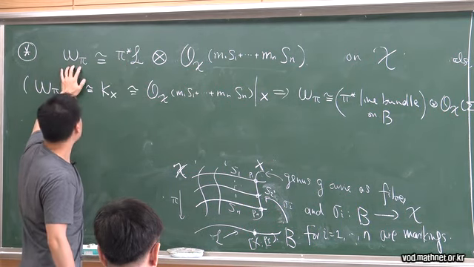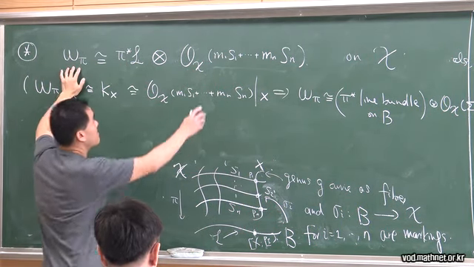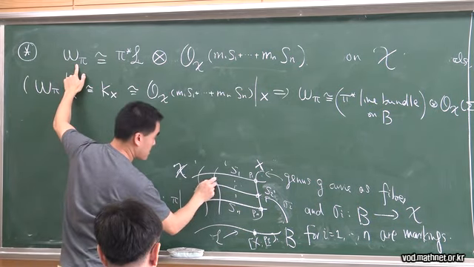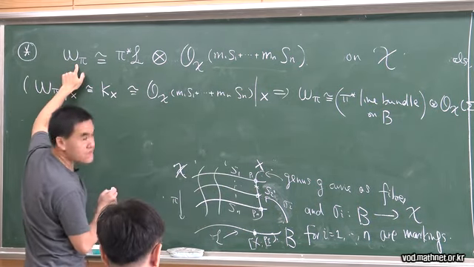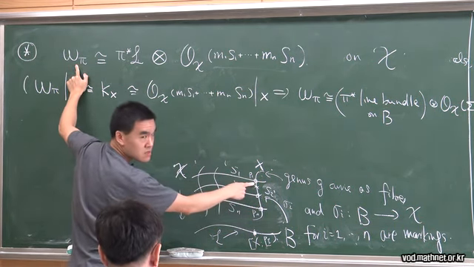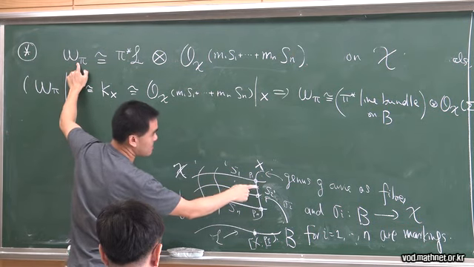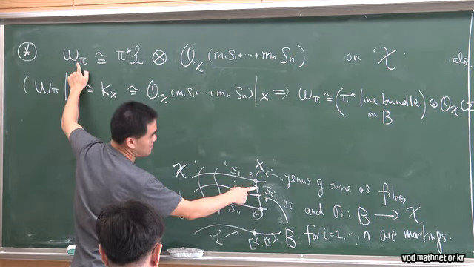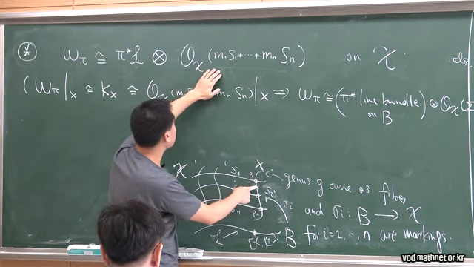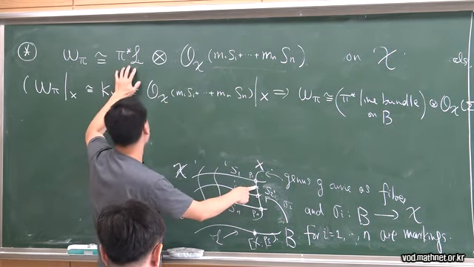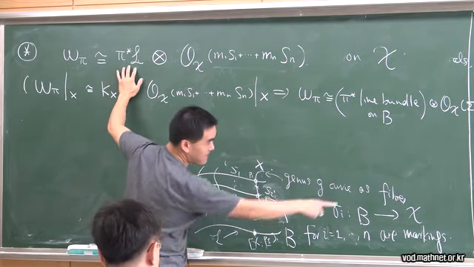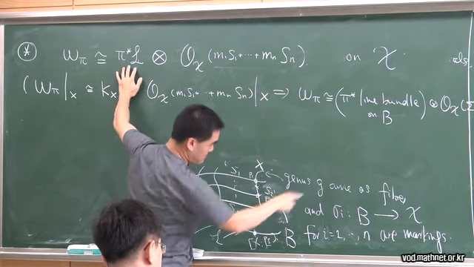I can compare this bundle by restricting to every point. Say I take a point in X, and this point is different from the markings. Then this one just gives me the canonical line bundle, the cotangent line associated to that point. But this one on the fiber is given by that base differential.